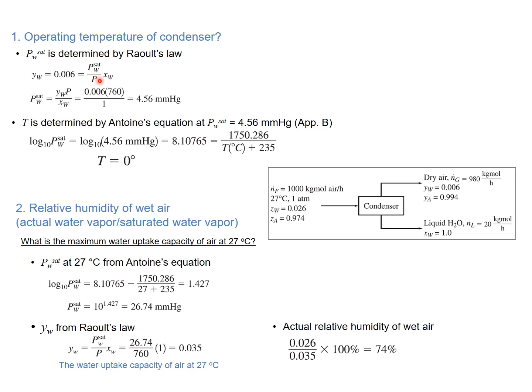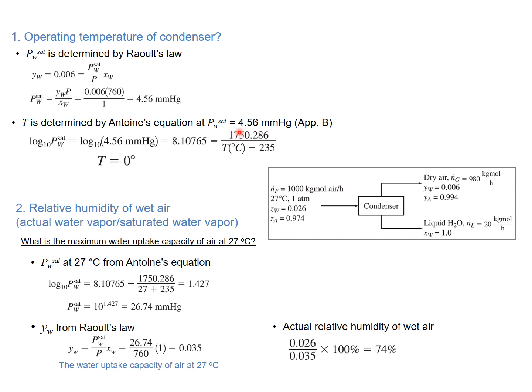Also, the liquid fraction in the second stream of water is just 100%. So we can calculate the saturation pressure of water in the condenser. That is 4.56 millimeters Hg. Then let's use the Antoine equation.